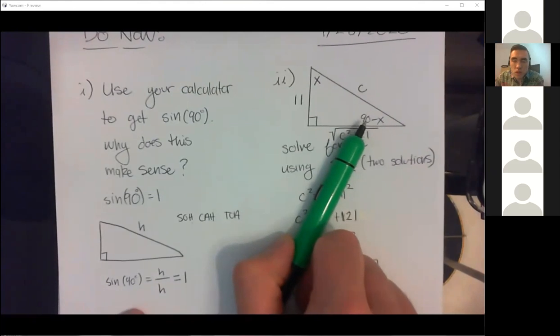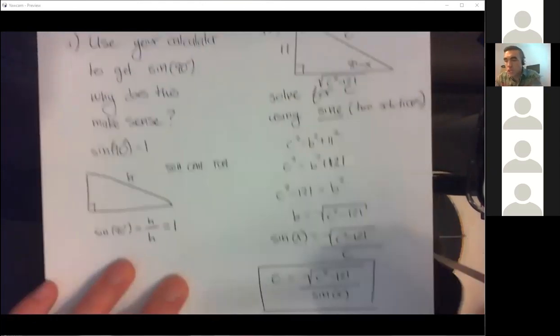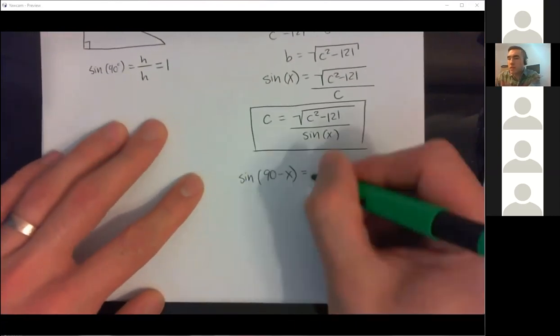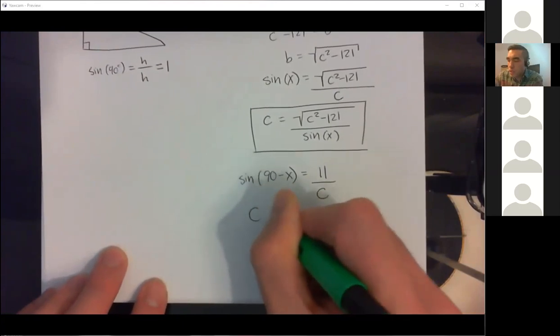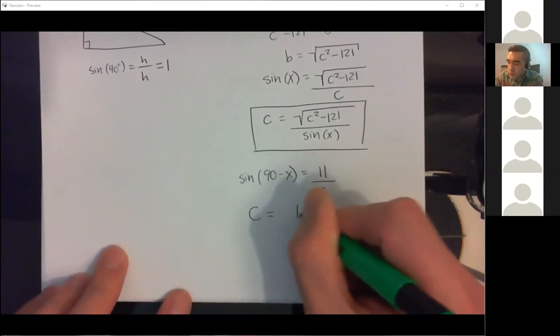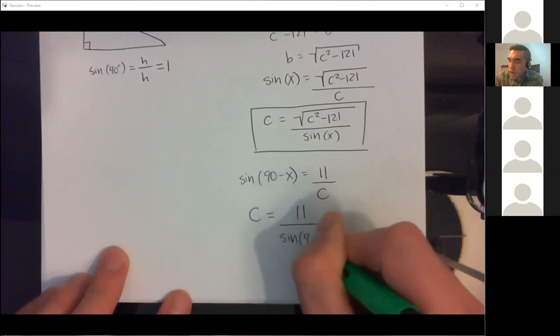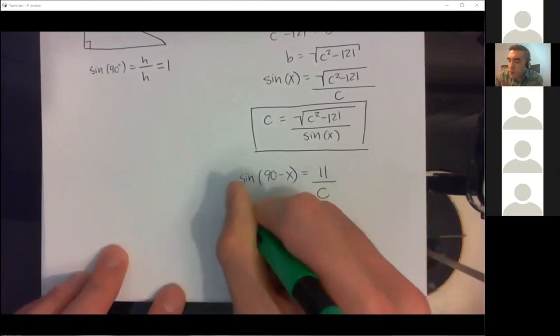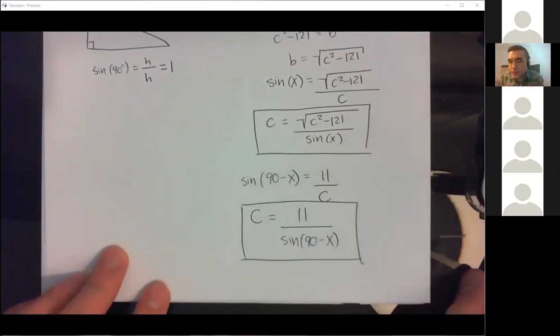So what is the opposite side? 11. And the hypotenuse is still c. So sine of 90 minus x is 11 over c. Cross multiply, c is equal to 11 divided by sine of 90 minus x. I would assert that this second approach is much cleaner, much more straightforward.